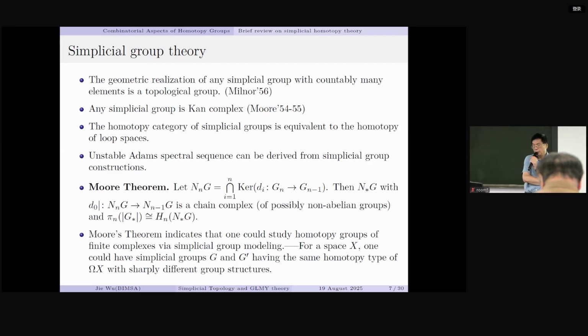What does it mean? It means that you can do homotopy theory directly using this simplicial group without considering the geometric part. Right?